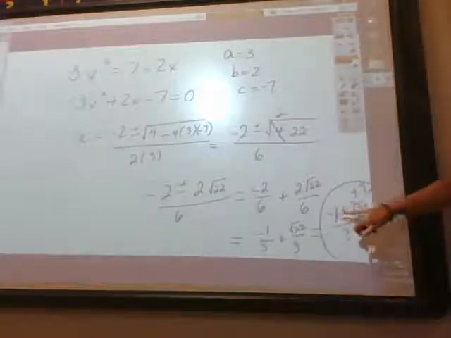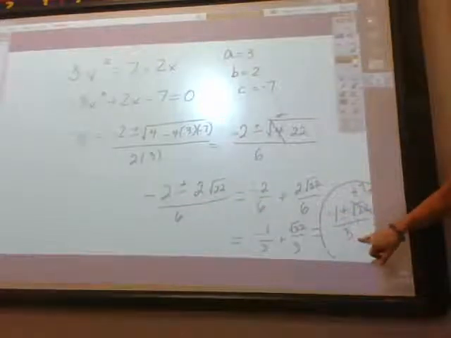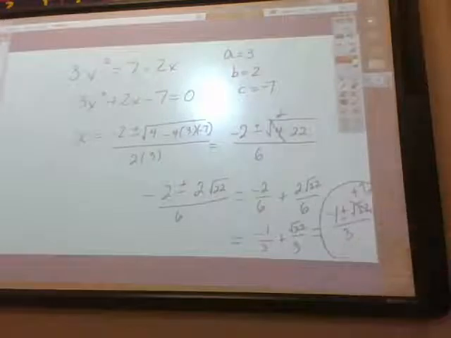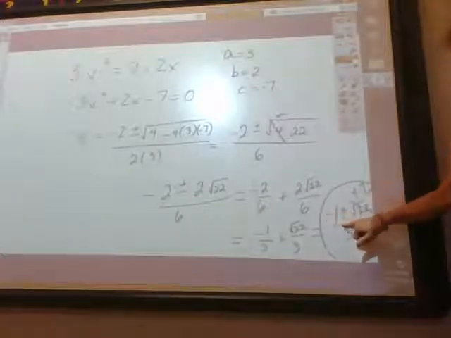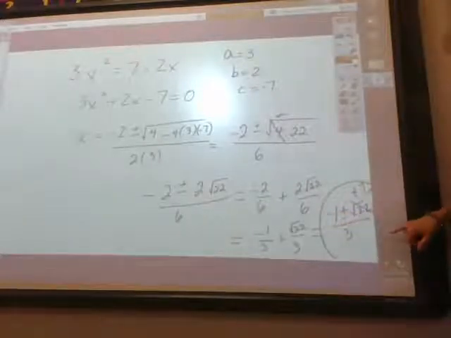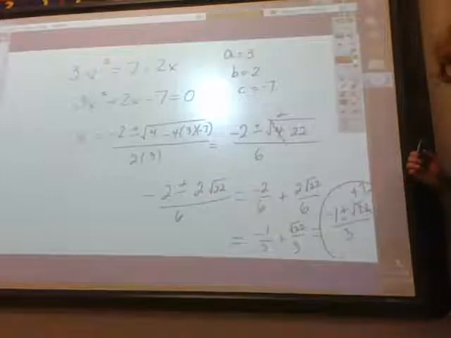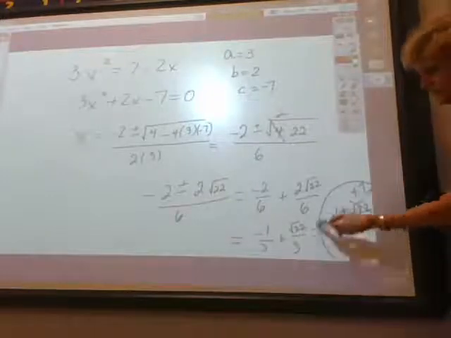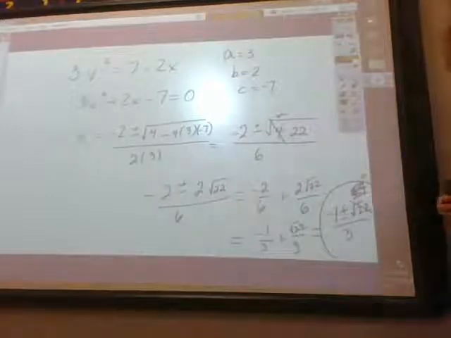So you could say negative 1 plus 4.7, so negative 3.7 over 3, and apparently that is negative 1.9. And then negative 1 minus 4.7 over 3, so you have 1.2 and then negative 1.9. So that's fine. But I totally would be happy with you just leaving it in irrational form, all right?